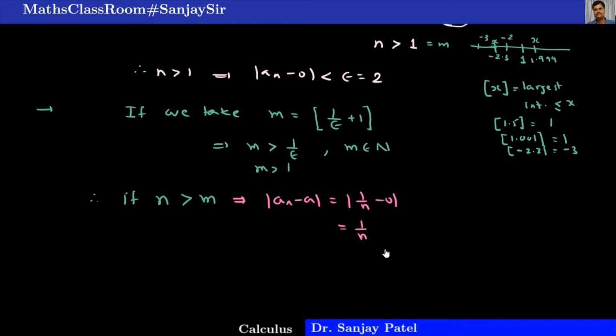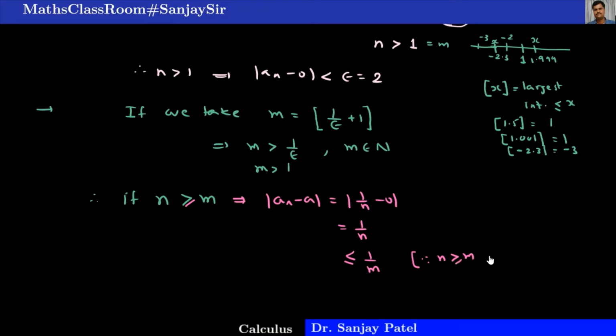And 1 upon n I can write as less than 1 upon m, because we have chosen n to be greater than m. Or I can write, if I choose n greater than or equal to m, then 1 upon n is less than or equal to 1 upon m.